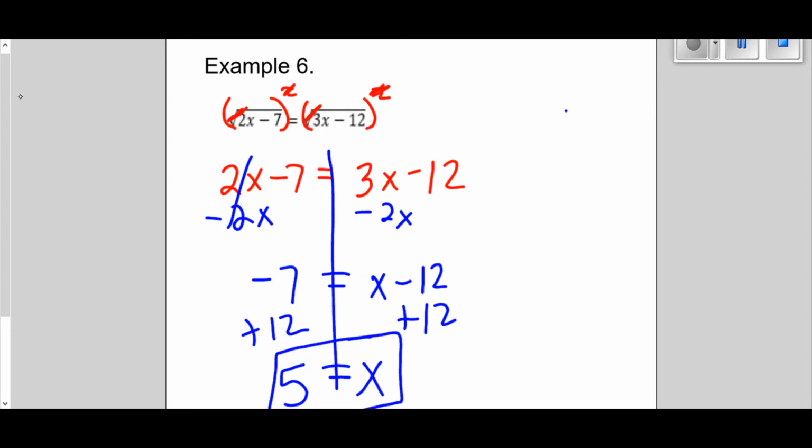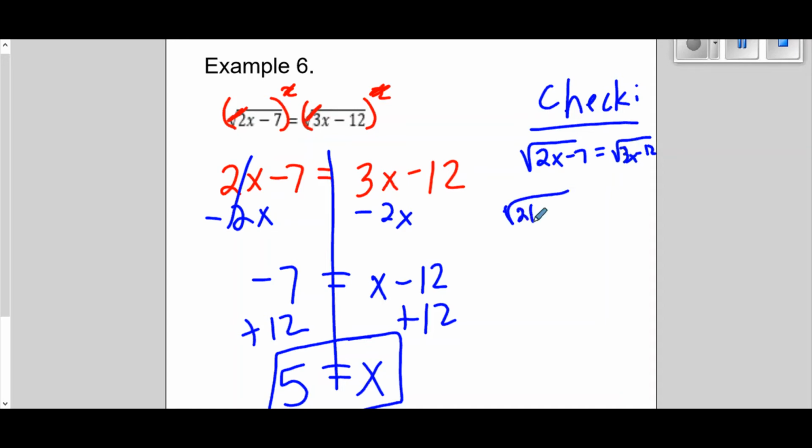So if we check this, I'm just going to show it. So here's my check. So the square root of 2x minus 7, is that equal to the square root of 3x minus 12? So when you plug in, this will be the square root of 2 times 5 minus 7 equals the square root of 3 times 5 minus 12.